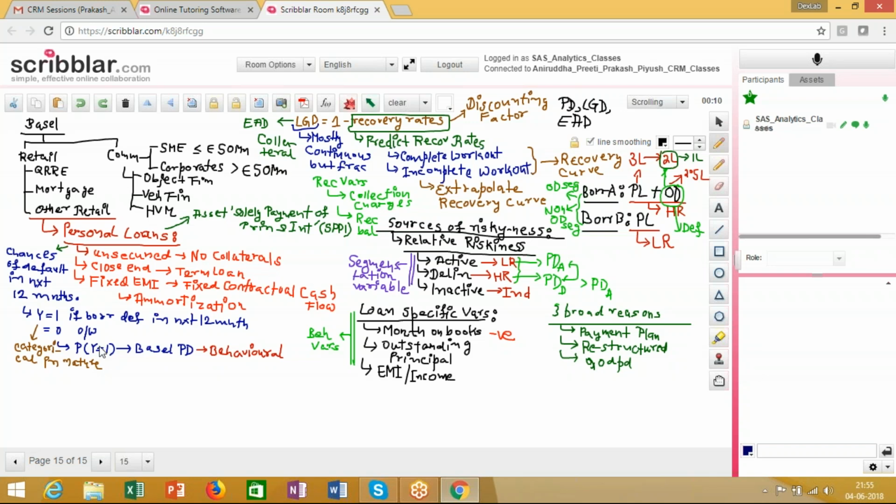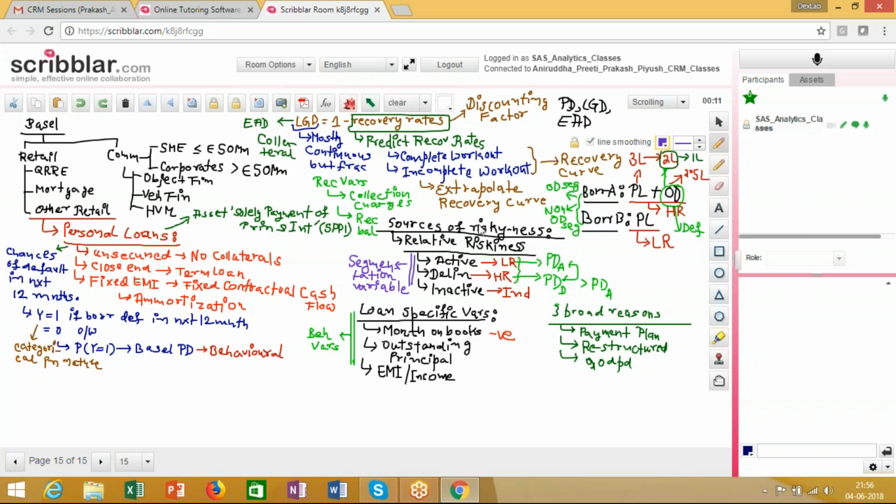Coming to the next point, we need to distinguish between the acquisition PD and the behavioral PD. PD as a concept, when we talk about probability of default, is essentially a behavioral concept. In Basel PD, acquisition scorecards or acquisition PD or origination PD is not really very important.